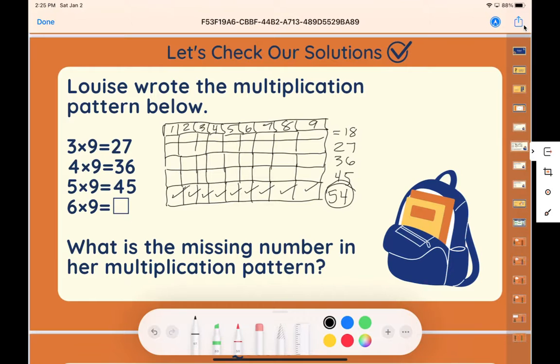Now, there are several other ways that you could have solved this problem. In any way that you solved it, if you were able to get 54 as your answer, was a correct solution. Great job, guys.